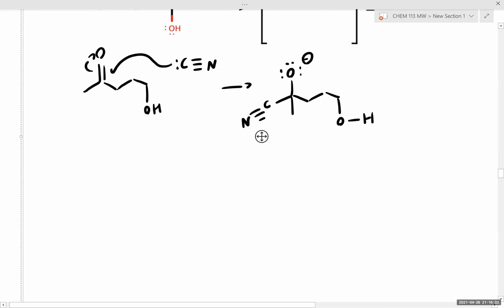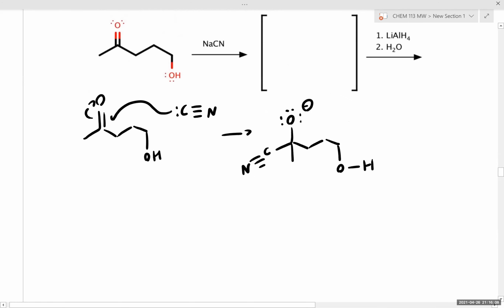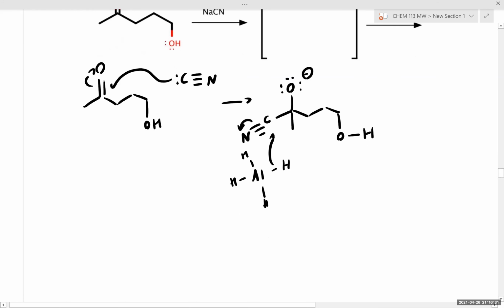Treatment of our cyanohydrin with lithium aluminum hydride will reduce our cyanohydrin all the way down from the nitrile directly to the amine. So lithium aluminum hydride will donate an equivalent of hydride.